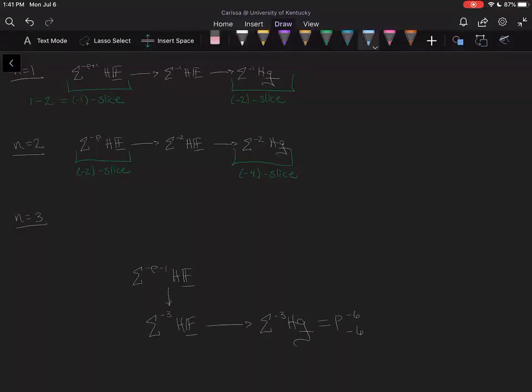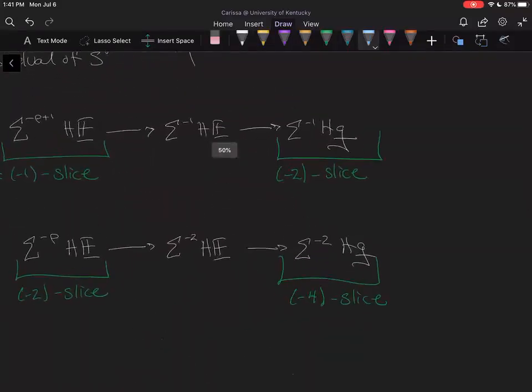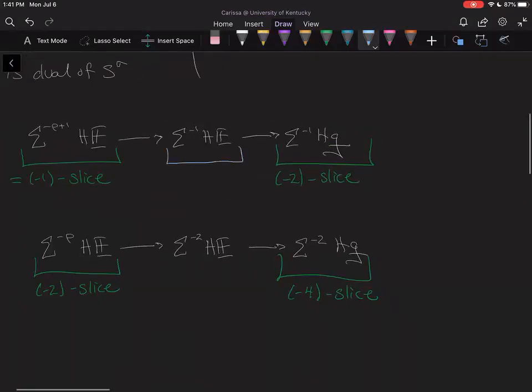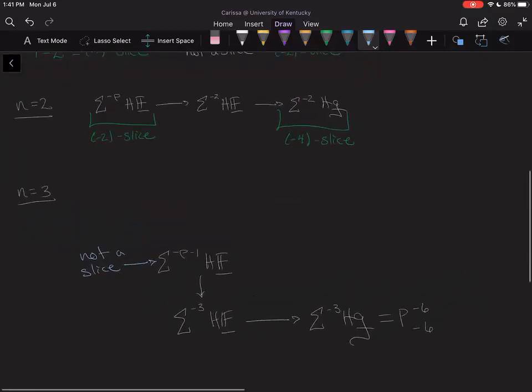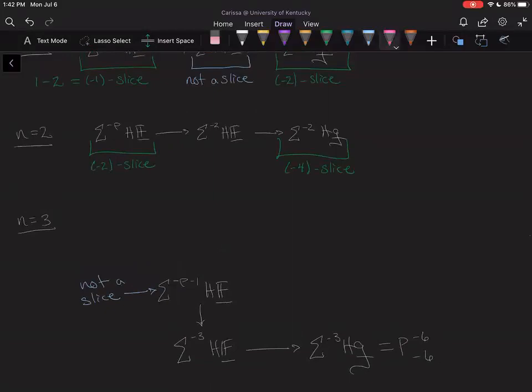But because we have a co-fiber sequence, a non-trivial tower, for the negative 1 suspension of HF, it's not a slice. Therefore, when we desuspend by rho, it's still not a slice, because rho preserves slice status. So now we've run into trouble because we have a partial tower, but it needs to start with a co-fiber sequence. But doesn't that look familiar?